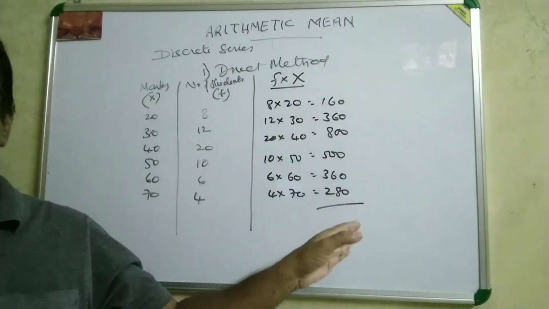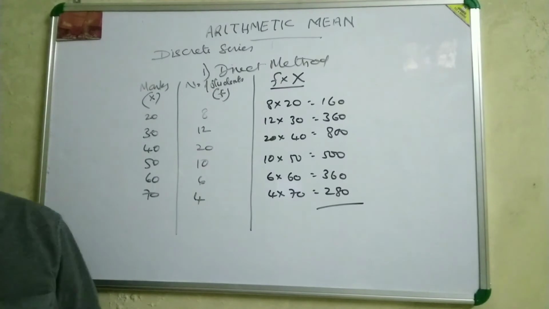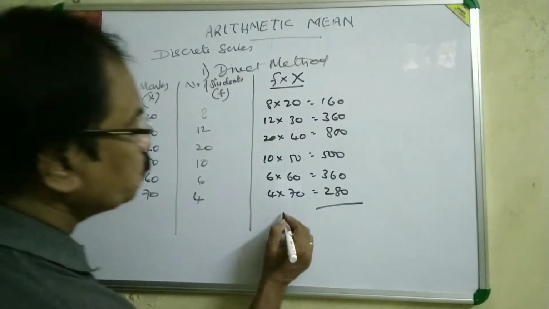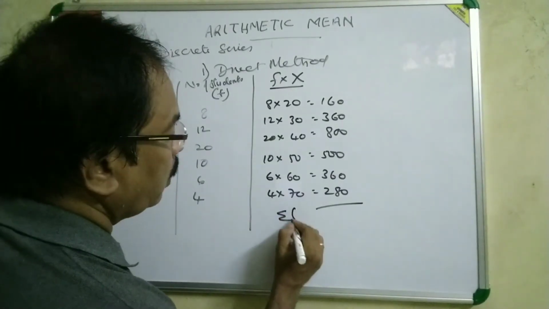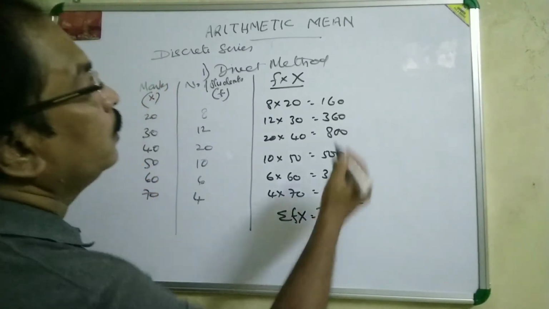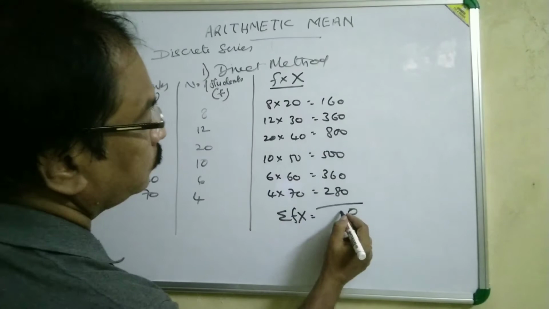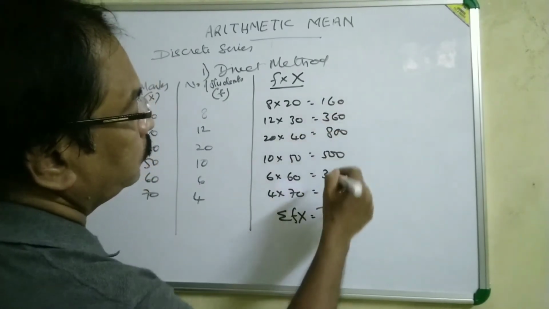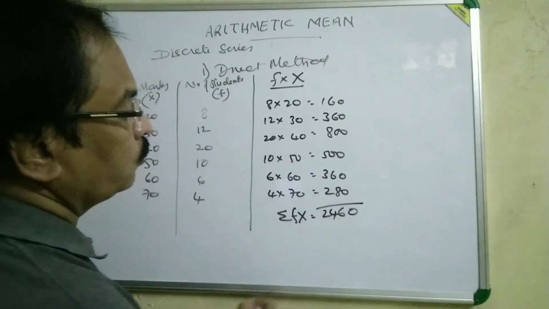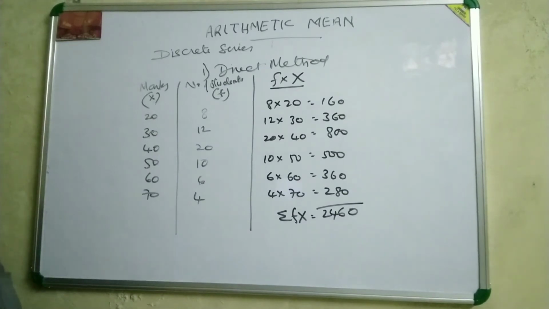So now we will total this, that is sigma fx. Sigma fx is equal to 2460.